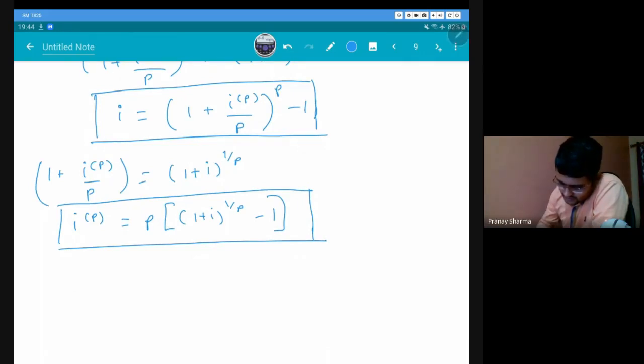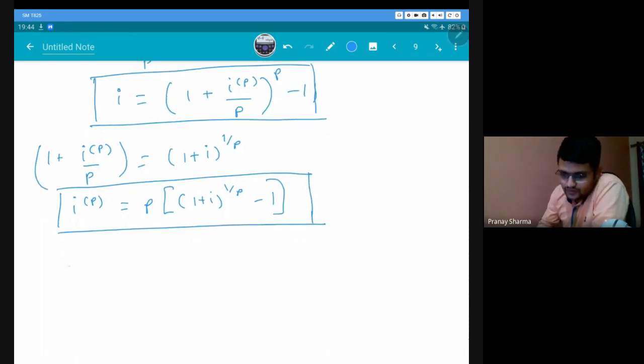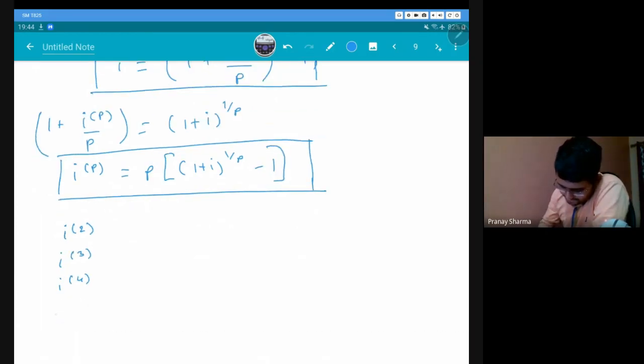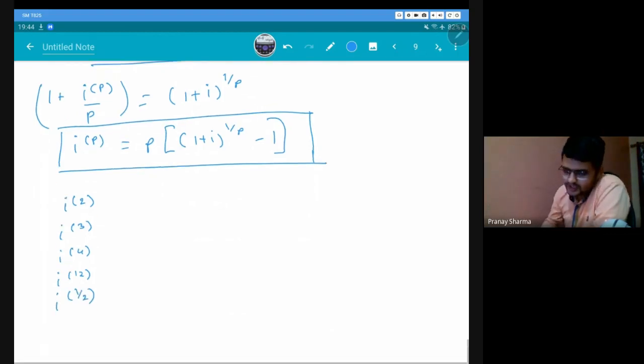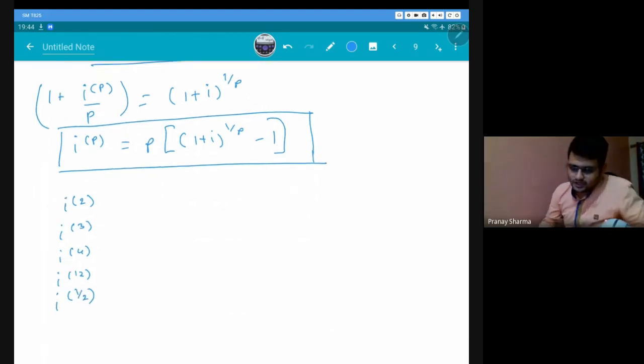Similarly, I will write a few I(p) values. We can have I2, we can have I3, I4, we have I12, I1 by 2. These are some values that we see a lot.